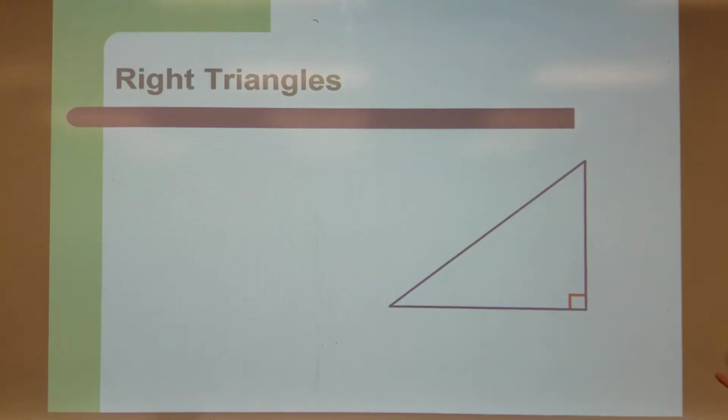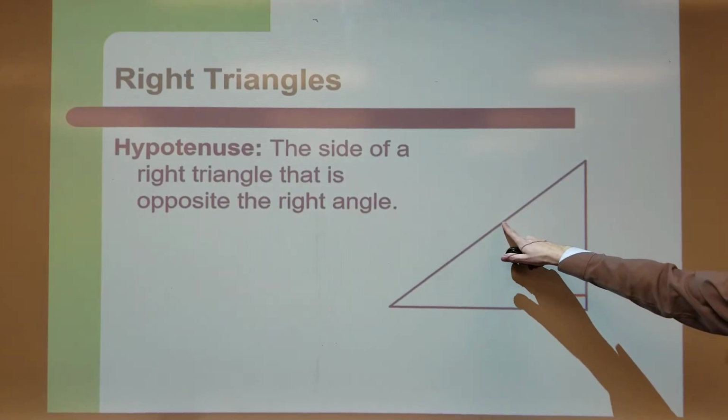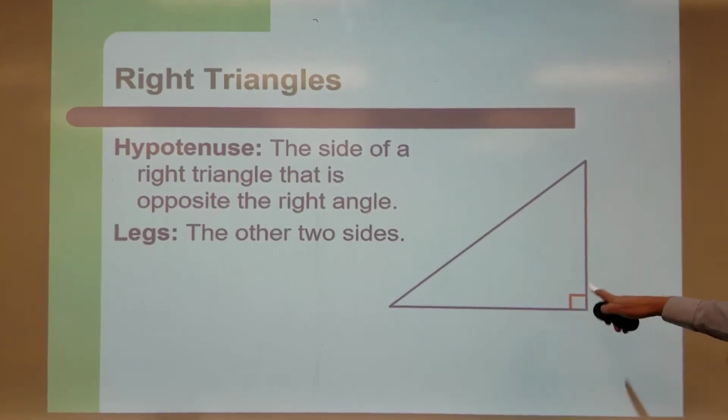And in this right triangle, the side that's opposite from the right angle is our hypotenuse, and then the other two sides are called legs. So similar language that we used with isosceles triangles, that the two congruent sides were referred to as legs. Here, the two sides that make the right angle are referred to as legs. And so hopefully that language is a little bit familiar to you.